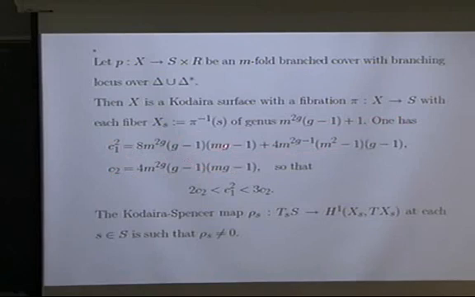C1 squared is bigger than 2C2, because it is 8 m to the power 2g times (g minus 1) times (mg minus 1). So it's twice that, but you have another term here. So C1 squared is bigger than 2C2, but this term is less than this, so C1 squared is less than 3C2. So C1 squared is between 2C2 and 3C2.